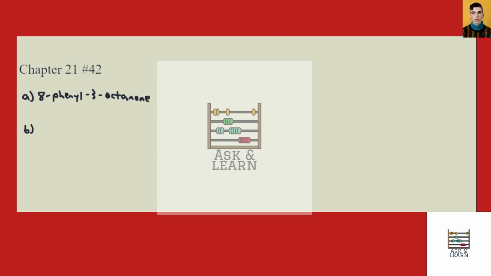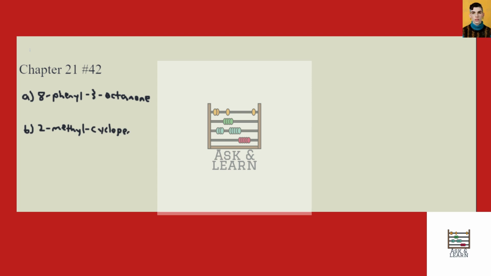Then looking at B, we have a 5-membered ring. We have an aldehyde, and of course we'll want the aldehyde to be substituted at carbon number 1 of the ring, and so that's going to make our methyl group at carbon number 2.